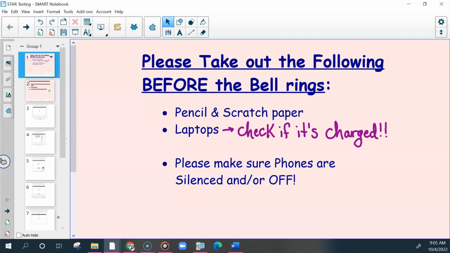Anyone at this table could probably reach that outlet. There's an outlet in the back. There's an outlet at this back table, so you can move around if you need to. You can get as much scrap paper as you want, or if you want to use expo markers, you can do that.